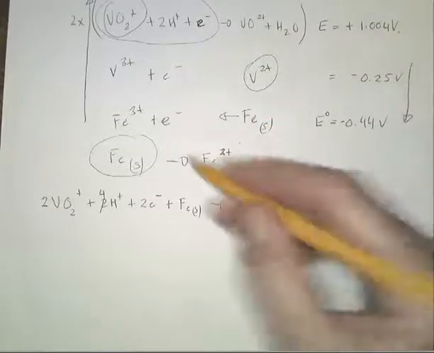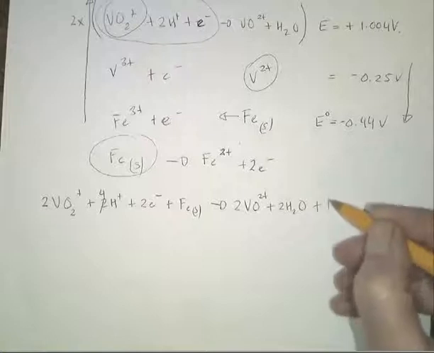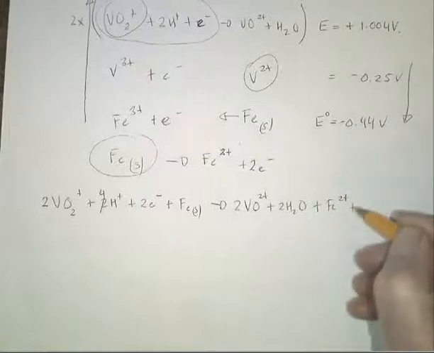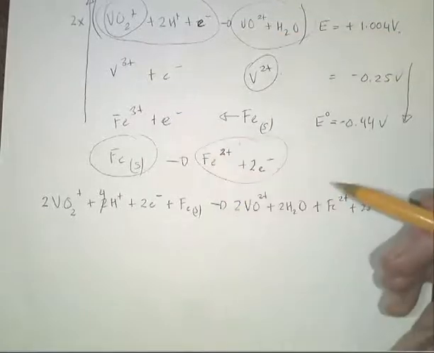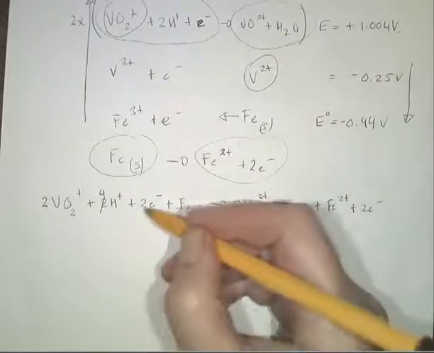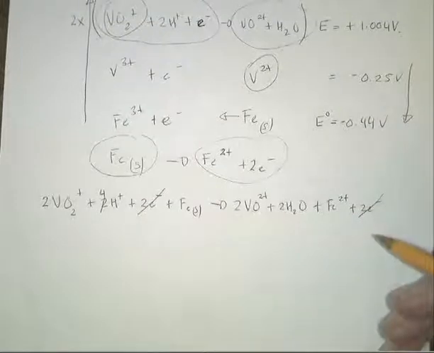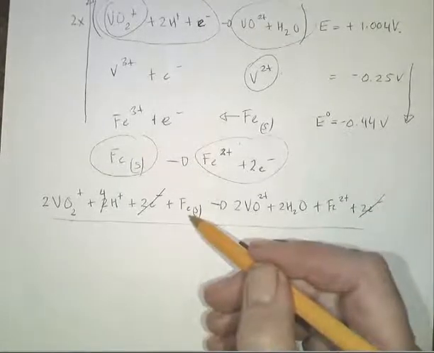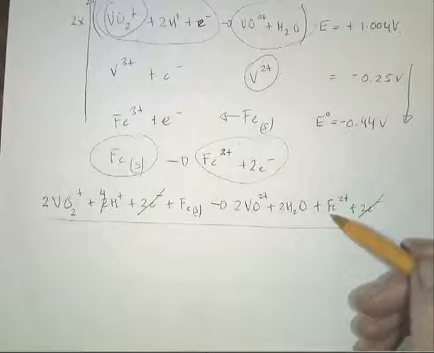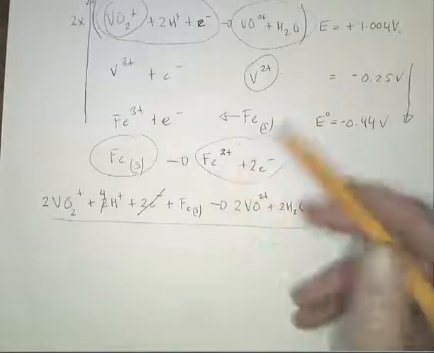And then this plus Fe 2 plus, 2 electrons, so everything on the right. Tidy it up, so cancel your electrons. Is there anything else we can tidy? No. Okay. So that's a reason why you wouldn't use iron, because it would undergo oxidation instead of the vanadium.